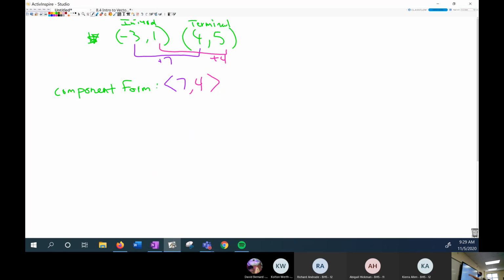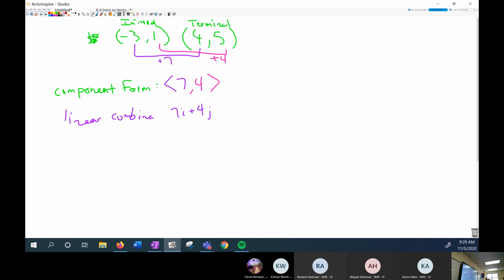Now, how do I write that as a linear combination? You need to have it as a 7i plus something or 7i minus something. So what is it? 7i plus 4j. So you just put the letter? That's it. Now you need a plus or minus in between.